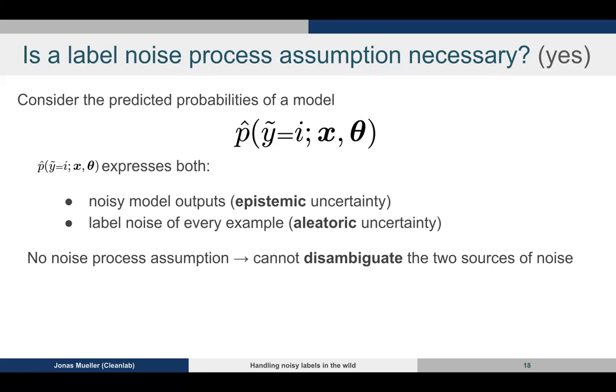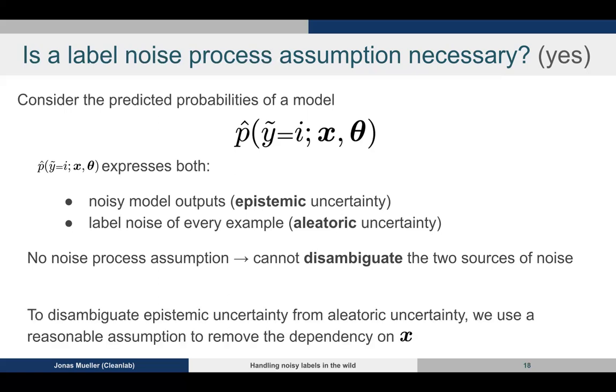Without any assumption, there's no way to disambiguate whether this is a statistical estimation error that the model's making, or a fundamental noise in the given label for the data point. That's why we remove this dependency of the noise process on the feature values in the data itself.